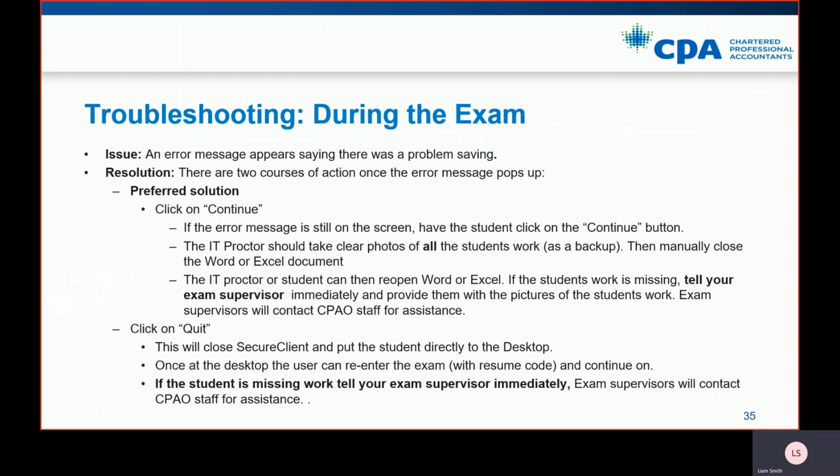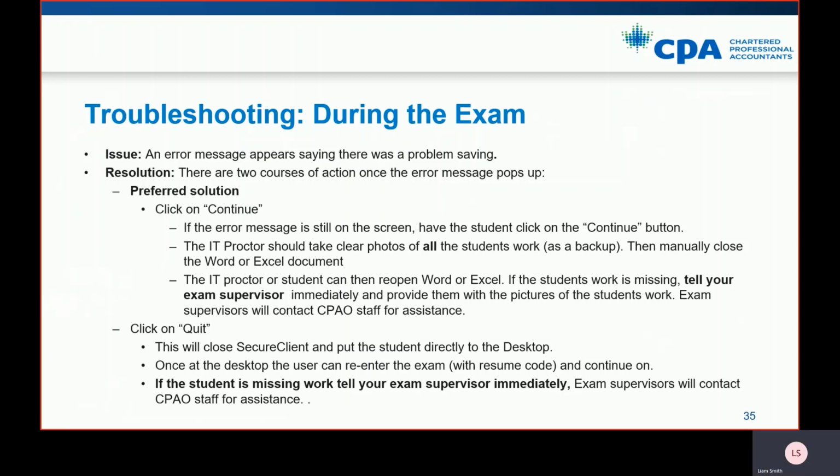A student may receive an error message that informs them that there is a problem saving their test responses. This error message will have a continue option that IT proctors should press. After pressing continue, as ridiculous as it sounds, the IT proctor should take out their phone and take pictures of the student's work. Just take clear pictures of everything the student has written.